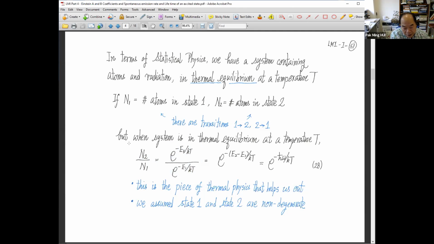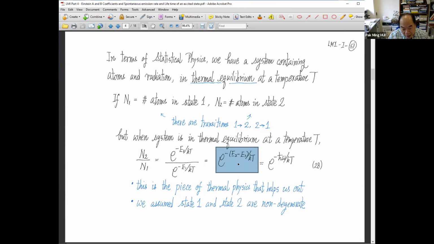And the punchline is, as long as equilibrium is achieved, this ratio, the number in the higher state over the number in the lower state, is given by this Boltzmann factor. Okay, that is the only thing I want you to take in from thermophysics.